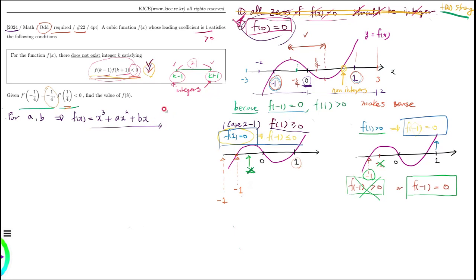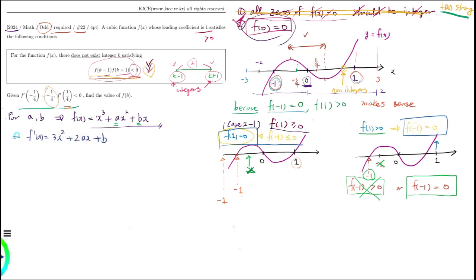Okay, so we need to determine the two coefficients a and b here. Before doing that, let's compute its derivative. Its derivative will be 3x squared plus 2ax plus b.